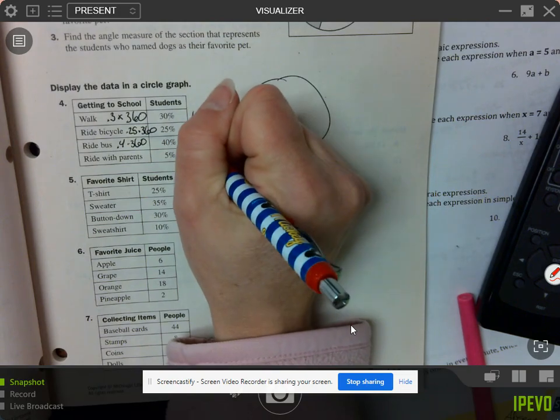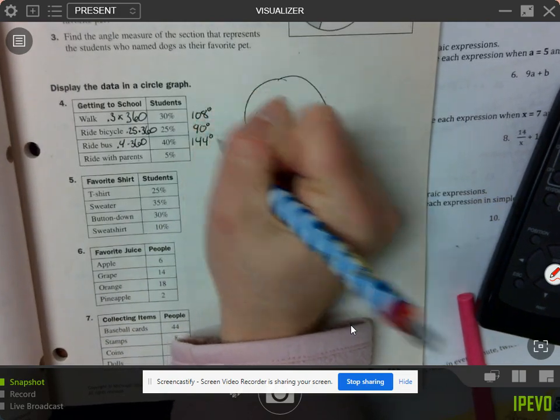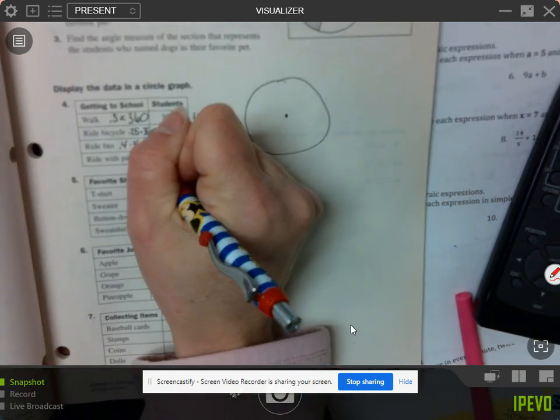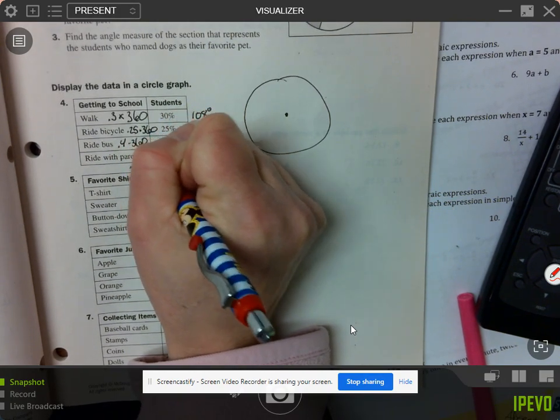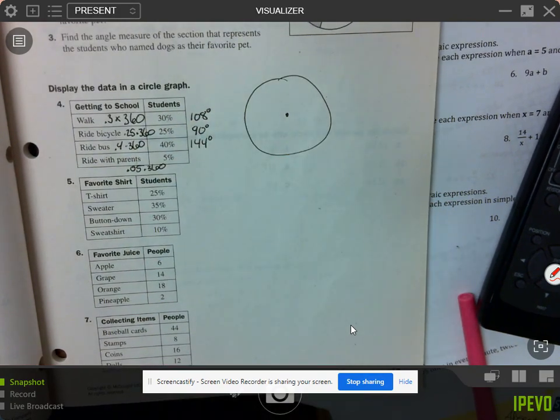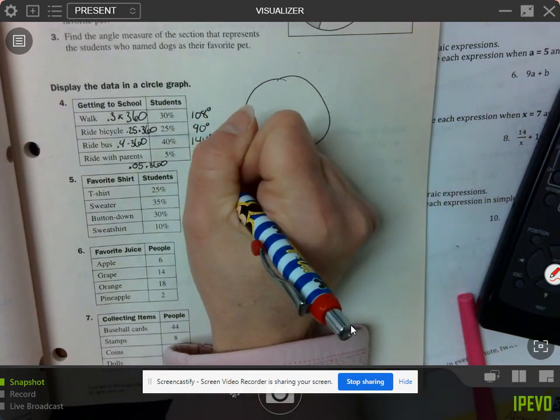I get 144 degrees. And then 5% is 0.05 times 360. And I get 18 degrees.